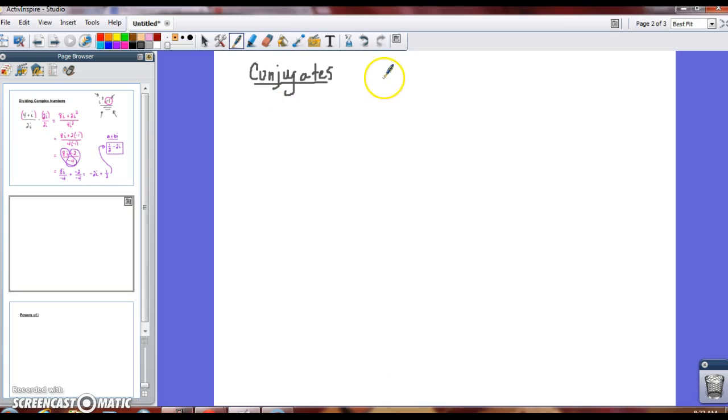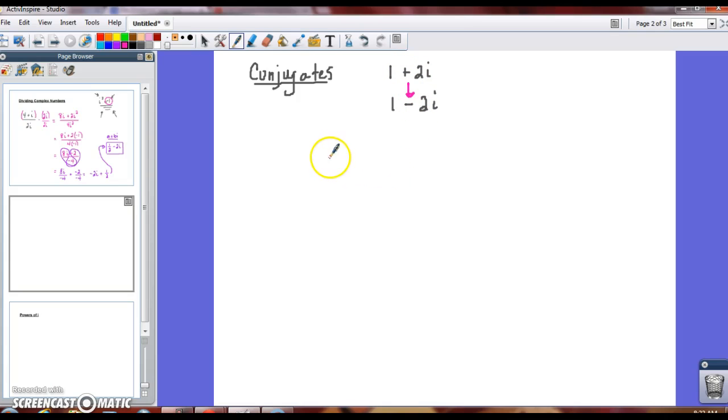If you have a binomial, say for example you have 1 plus 2i, okay? The conjugate of that is just this, 1 minus 2i. Notice the only thing that changed is the sign that's between the two terms. Not the sign in front, but the sign that's between them. I went from a positive to a negative.